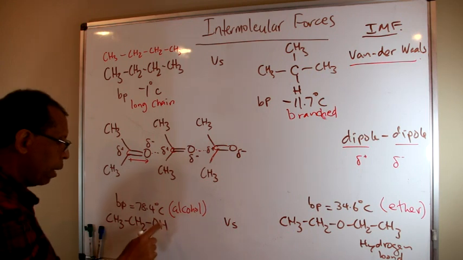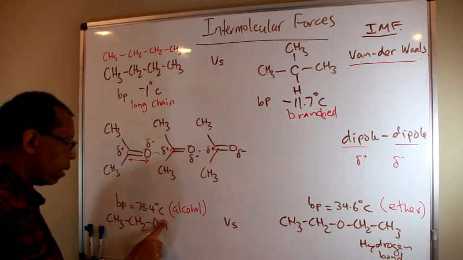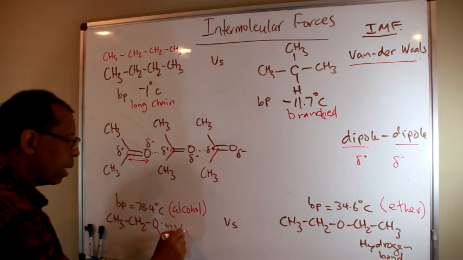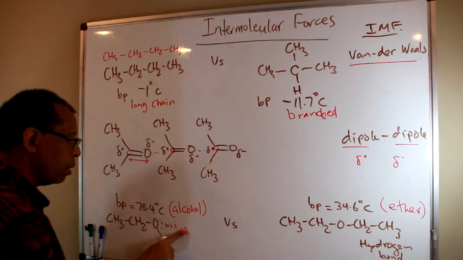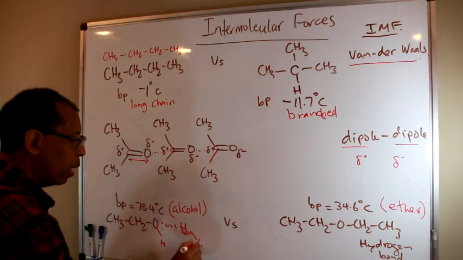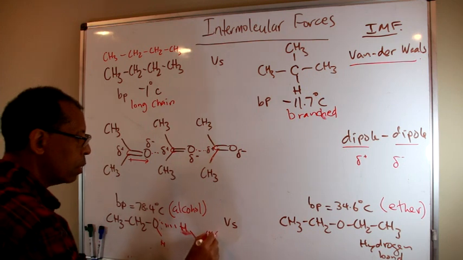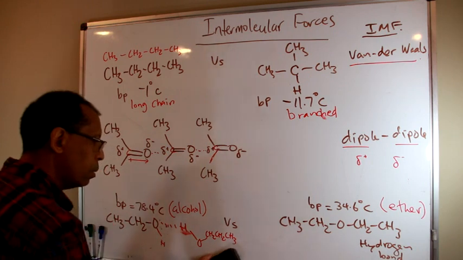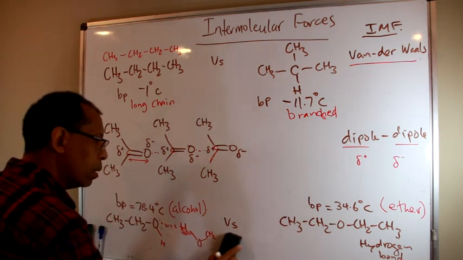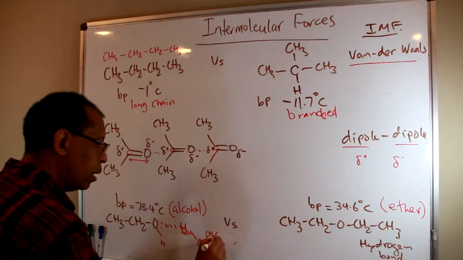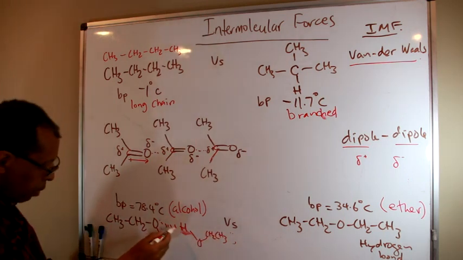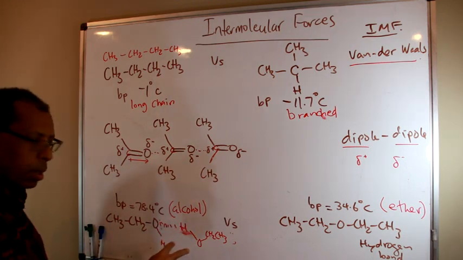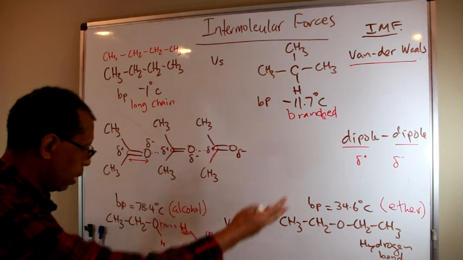Say, for example, if you have this hydrogen right there, it would interact with another oxygen from another molecule, another hydrogen, oxygen, CH2, CH2, CH3. No, it's just two carbons, so I'll just leave this as CH3. So this is a hydrogen bond that can be formed between the two molecules. So the third molecule, it continues, the chain continues.